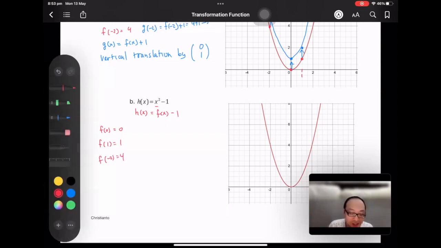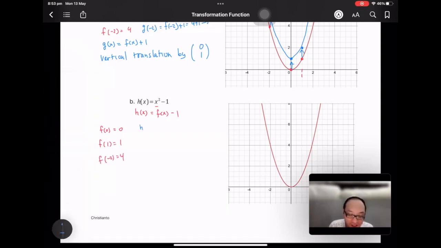And h(0) equals f(0) minus 1, so 0 minus 1 is negative 1, while h(1) equals f(1) minus 1, which is 0, and h(negative 2) is f(negative 2) minus 1, so 4 minus 1 equals 3.